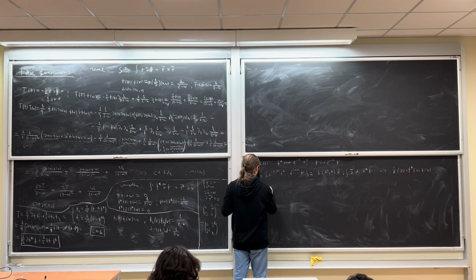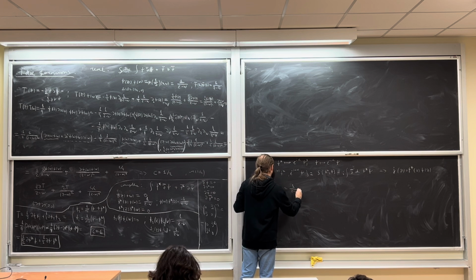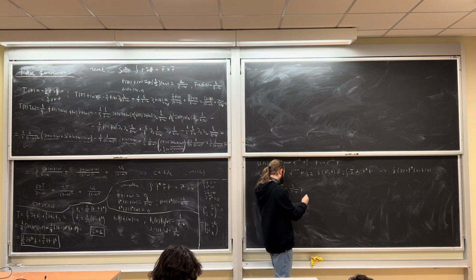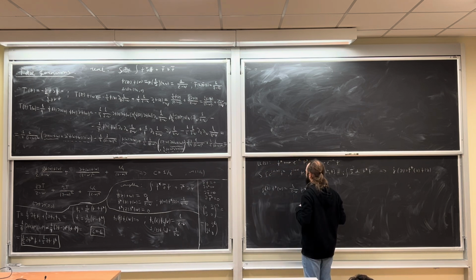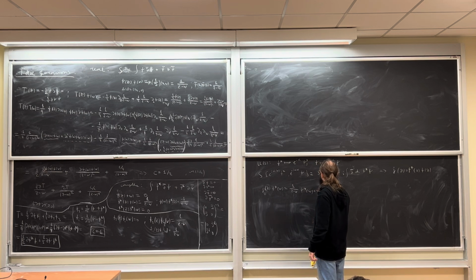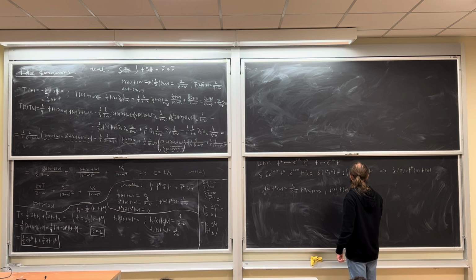So J of z with psi star of w is 1 over z minus w, psi star of w, plus regular. J of z with psi of w is minus 1 over z minus w, psi of w, plus regular.